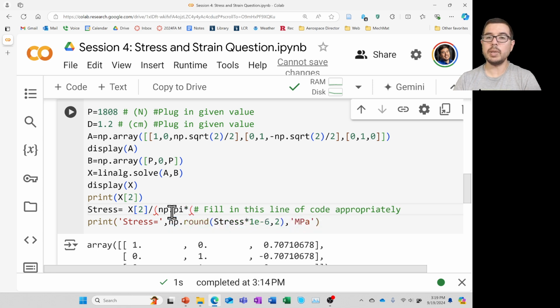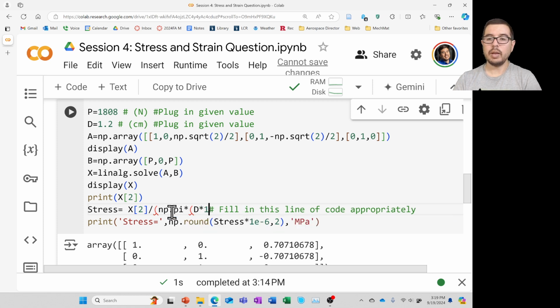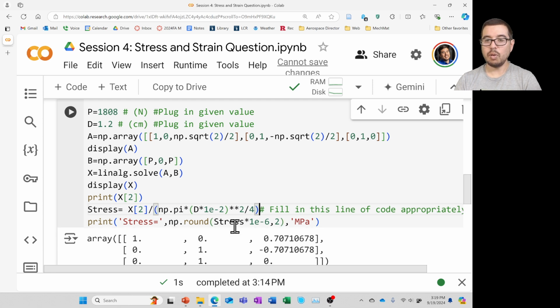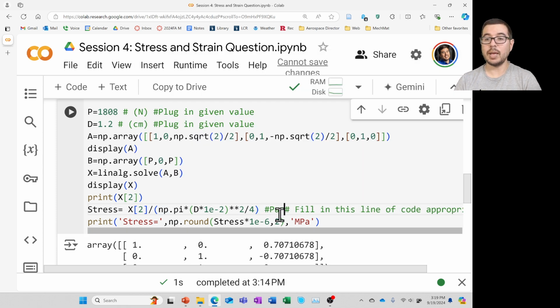This is a little tricky because I've got to take the d and multiply by 1e to the minus 2 to get it into meters, at least if I want my stress to be in pascals. Then I've got to square it, so asterisk asterisk 2, and then divided by 4. And I am hopefully closing things out appropriately. Yes, so this is pi d squared over 4, and it's all in the denominator. And then I'm going to say that the units here are pascals.